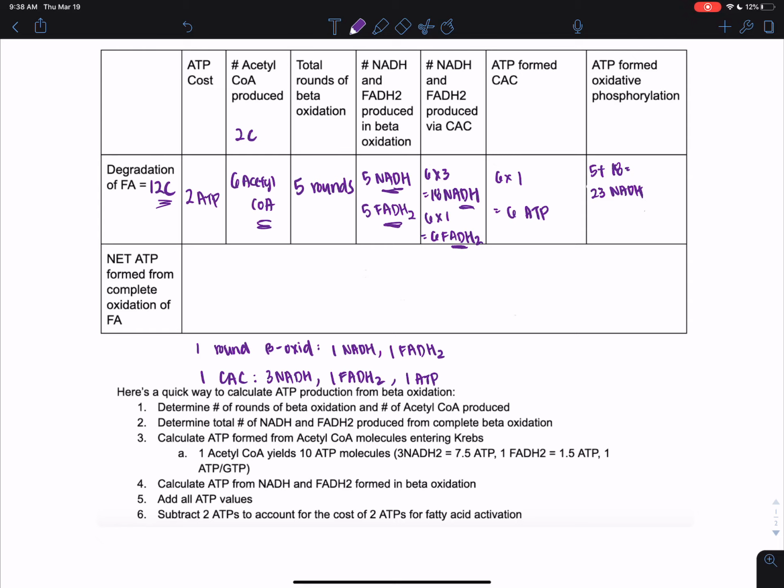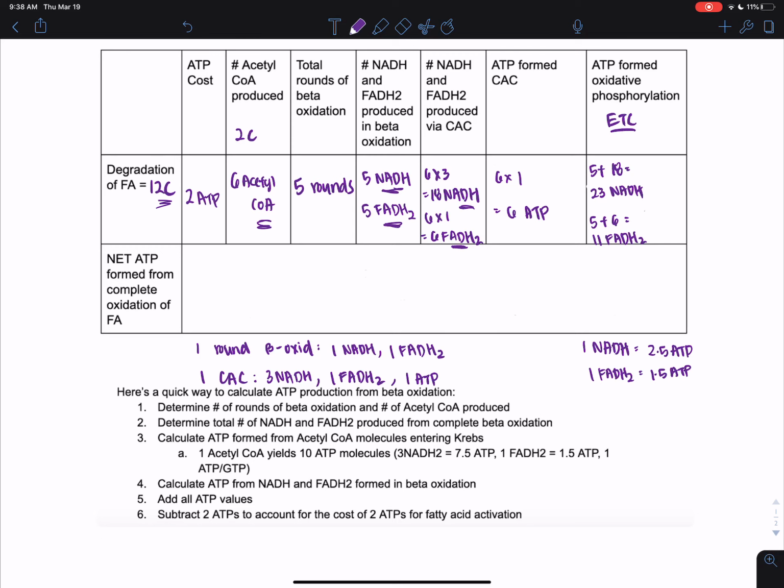And then you have 5 plus 6, which would give you 11 FADH2. If you remember, 1 NADH will give you about 2.5 ATP, and 1 FADH2 will give you about 1.5 ATP. Again, this is the electron transport chain.